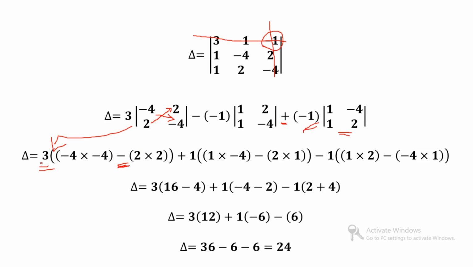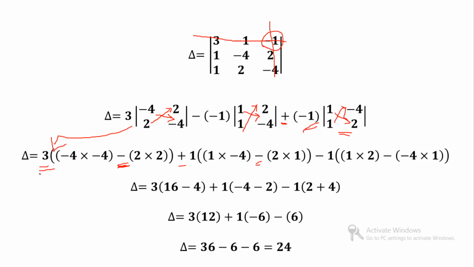So, 3 as it is, minus 4 into minus 4, this is the sign of formula only, and 2 into 2. Again this minus minus plus, again multiply the diagonal elements. So, that is equal to 1 into minus 4 and 1 into 2 and minus sign in between the two elements. Again plus minus minus, multiply the diagonal elements, 1 into 2 and 1 into minus 4.